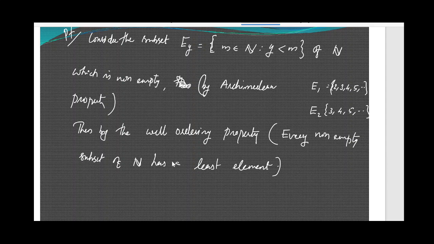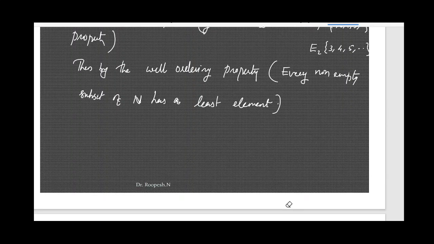Every non-empty subset of natural numbers has a least element. For example, if you take E_1 subset of N, right? 2 is the least element. For E_2, 3 is the least element, right? It's like that. So what follows? We have written then by the well-ordering property, so there's no need of implies. Then close the bracket and write: then by the well-ordering property, E_y has a least element, right?